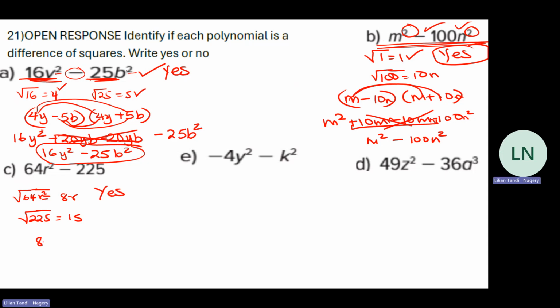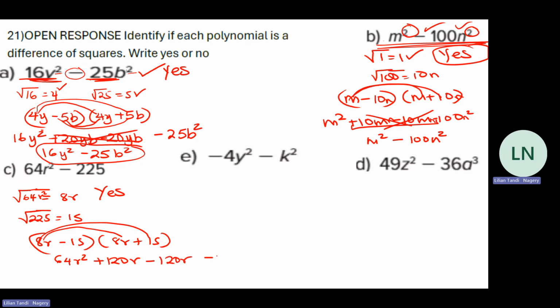Okay, let me confirm. 8r minus 15, 8r plus 15. 8r times 8r, 64r squared. 8r times positive 15, that is positive 120r, minus 120r, minus 225.